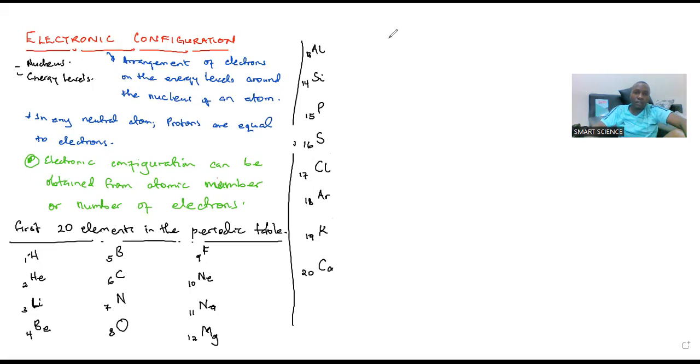Since we said that atomic number can give us an electronic configuration, if there is only one electron, for example, if I want us to look at electronic configurations, the following should be put into consideration.